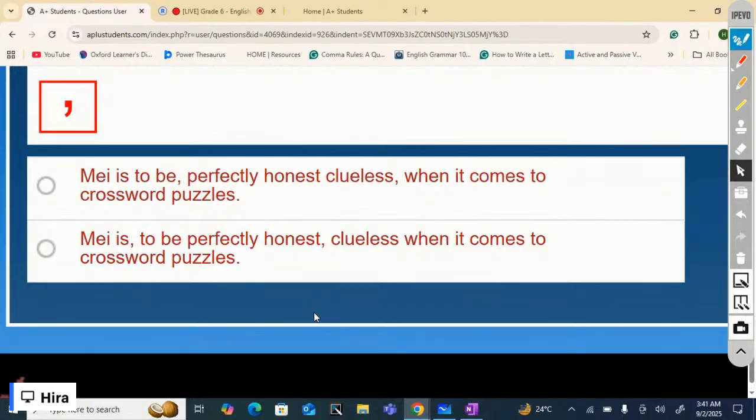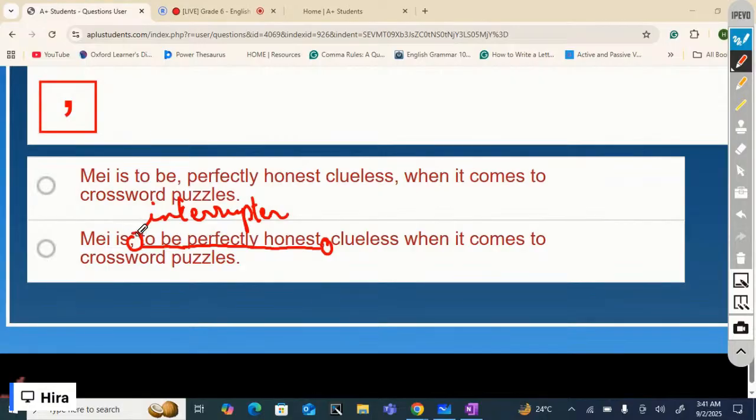Excellent. Eliana, it's option two. Let me explain why. See, to be perfectly honest, what is it? Interrupter. So a comma is used around it.